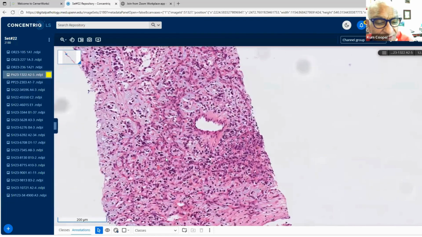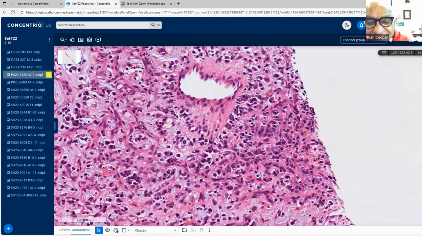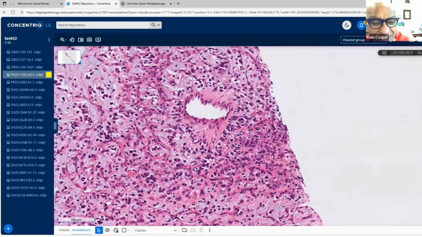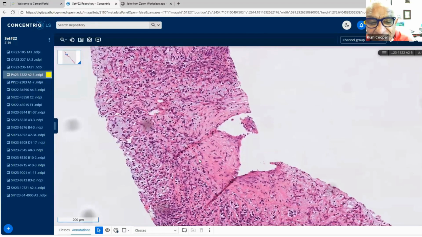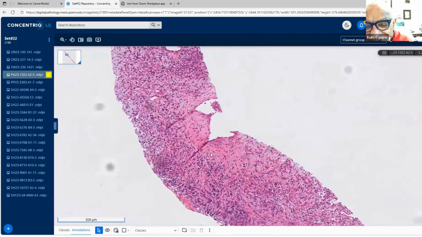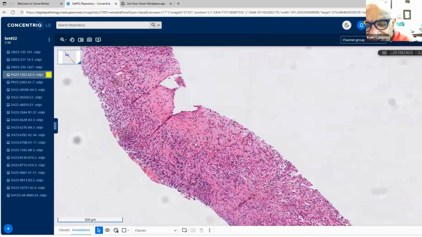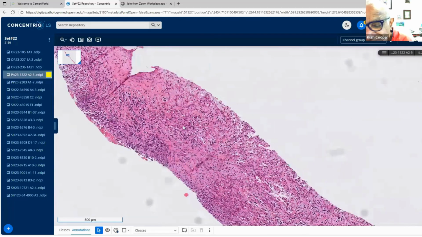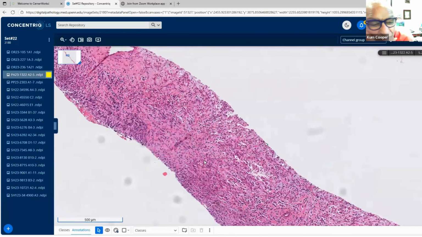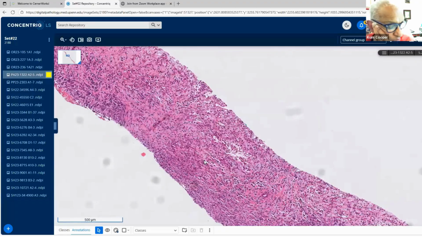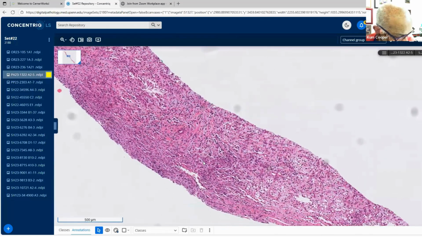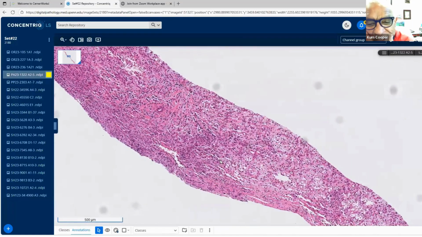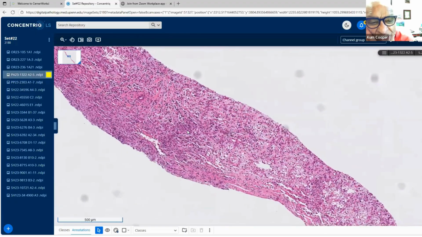You can see more of this inflammatory component with this myxoid matrix. Okay. Now, there was a nice paper in AJSP, and one of the authors, not the first author, is Dr. Shah, Rajal Shah.